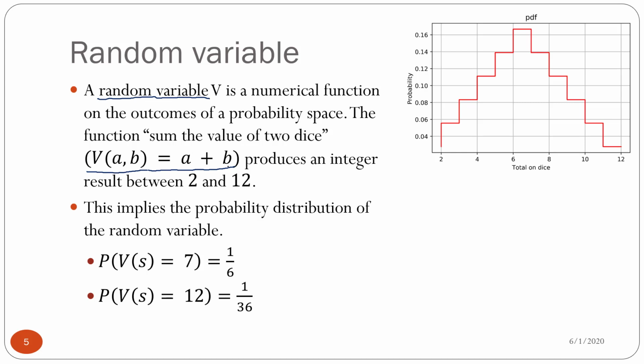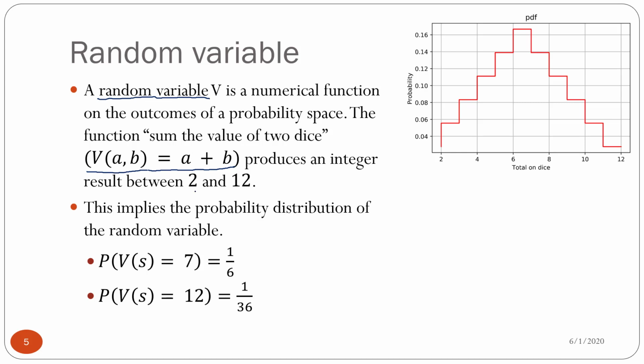Now, if you follow that, let's try to identify the different values that we will get for the random variable V that we just defined. V(A,B) is equal to A plus B. Since it involves adding up the numbers showing on the top face of the two dice, you should agree with me that the minimum value you will see when you have rolled two dice is 1 plus 1, where the number 1 shows up on both dice.